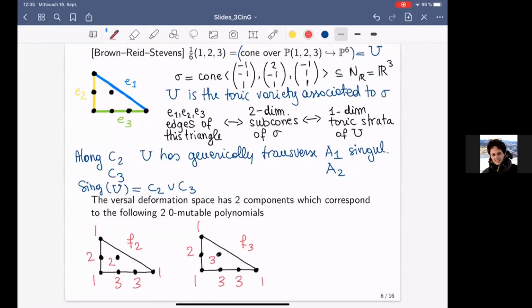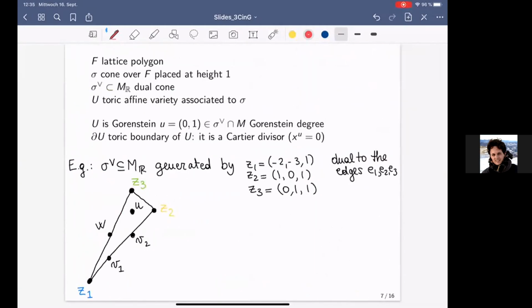Okay, let's be a bit more precise about the situation. So I have F, a lattice polygon, and sigma, the cone over F placed at height 1.